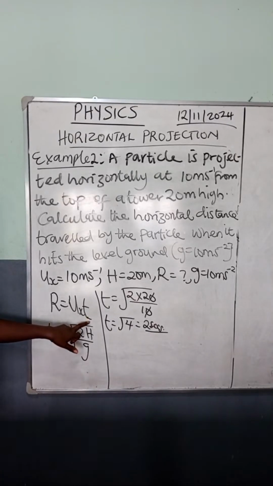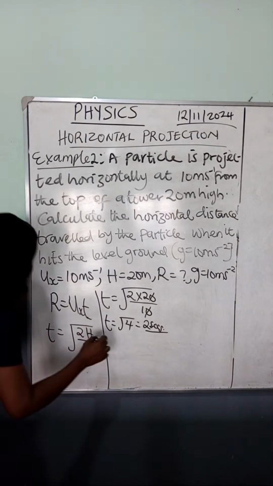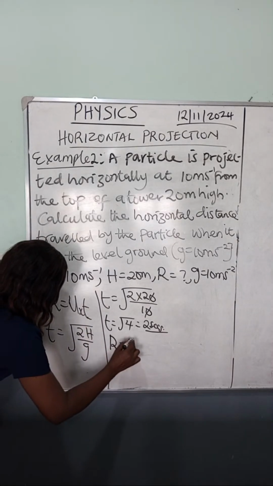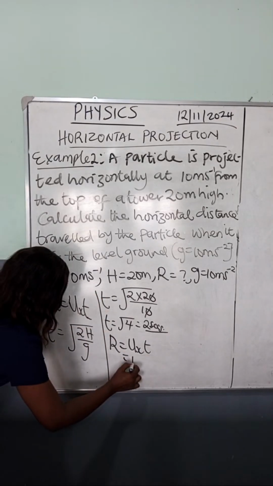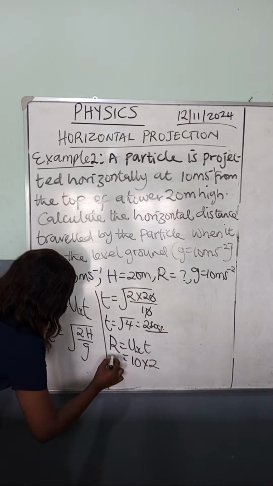We can now put it here to solve our range. So range is equal to U times T. What is my U? My U is 10, multiplied by 2.